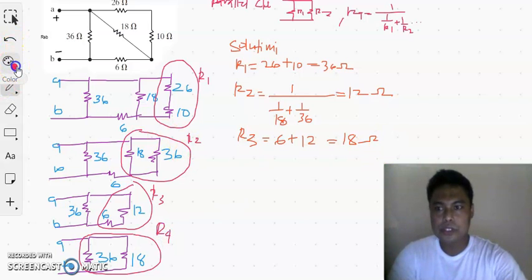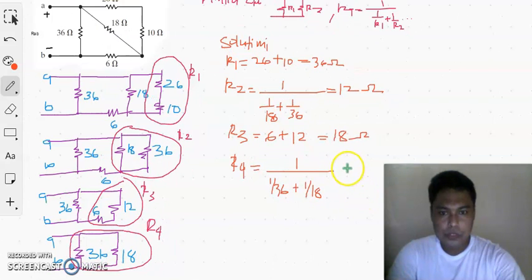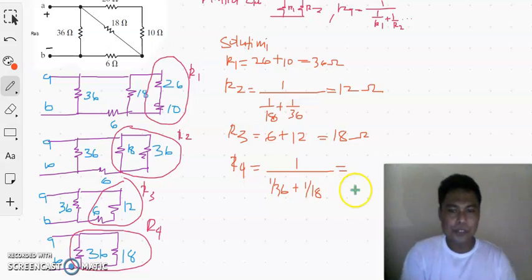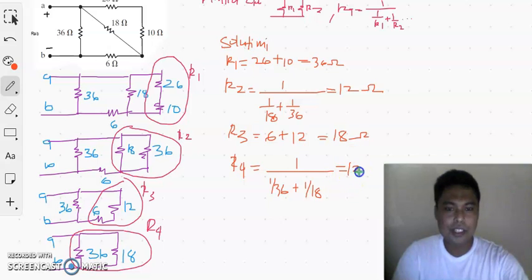So therefore, our R4 is, they are parallel, so this is 1 over 36 plus 1 over 18. We can have it in calculator, and then we get 12 ohms.